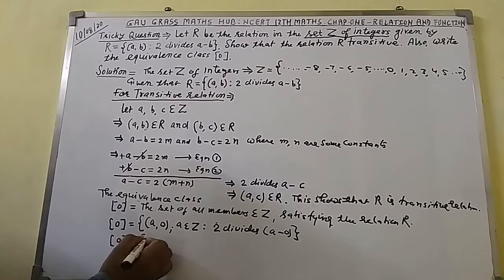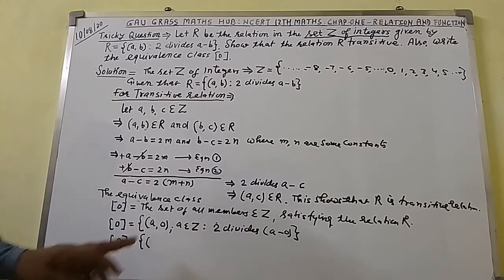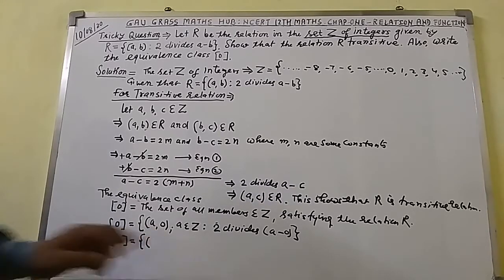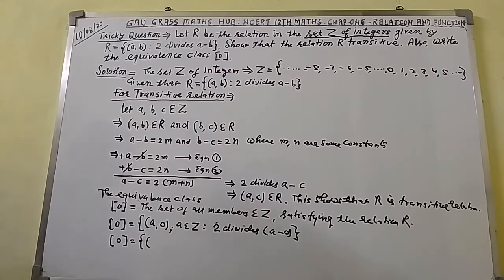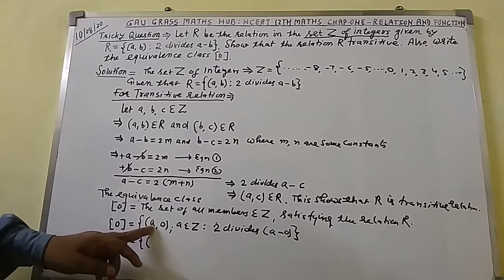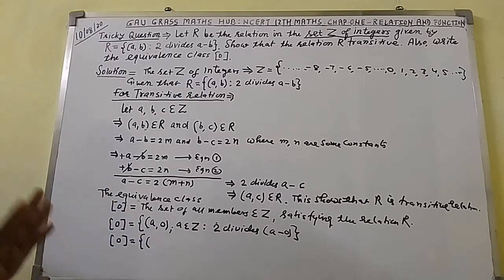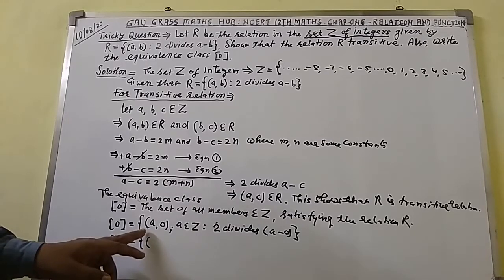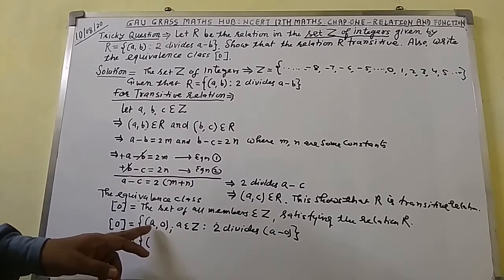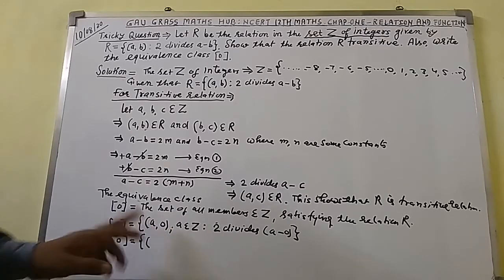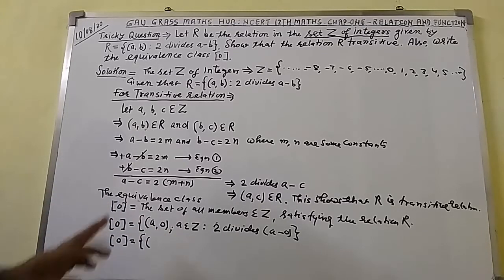Now here the ordered pair (a, 0). What value of a will we take? I can't take 0, 0 minus 0 is not appropriate. If I take a equal to 1, 1 minus 0, 1 is not divisible by 2, so 1 will not be taken.